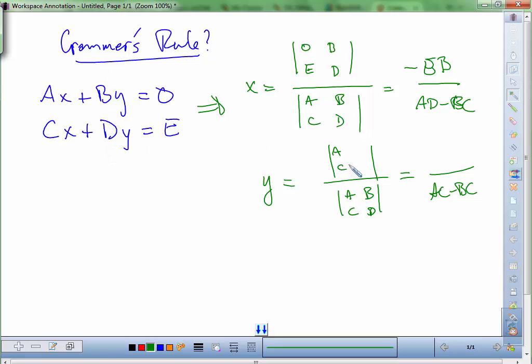So AC, the x column stays the same. The other column becomes 0E. Oh, AE. And then the other one's gone. Okay?